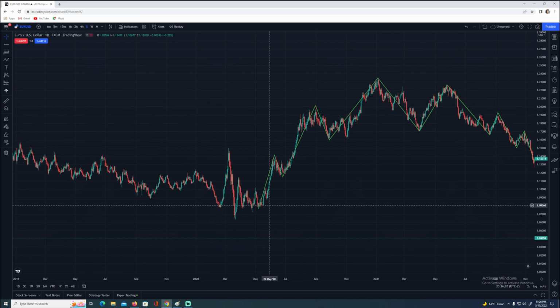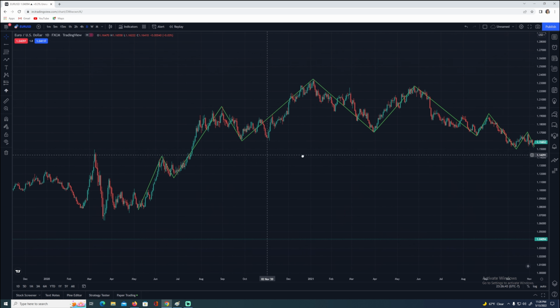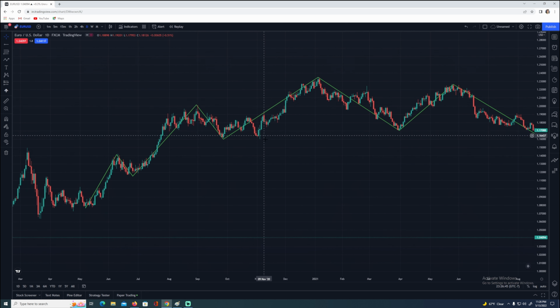And as you see, we go up, break down, never come below this low, go up, come back down. And even though you see this inner structure over here that we broke structure, it never went below this low, right? Actually, I think it went below just a little, but you can see that that is just market manipulation.